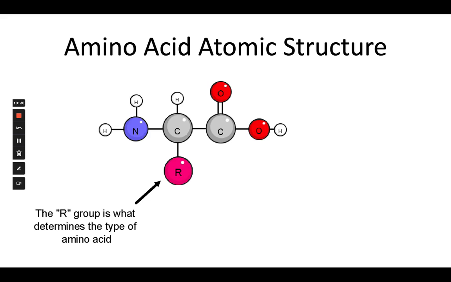And so every amino acid has the top portion of this diagram. The R group is what differentiates them from each other, and that R group is going to be a variety of different elements and chemicals. And so please know that the top part is always the same. The R group is going to be different between amino acids.